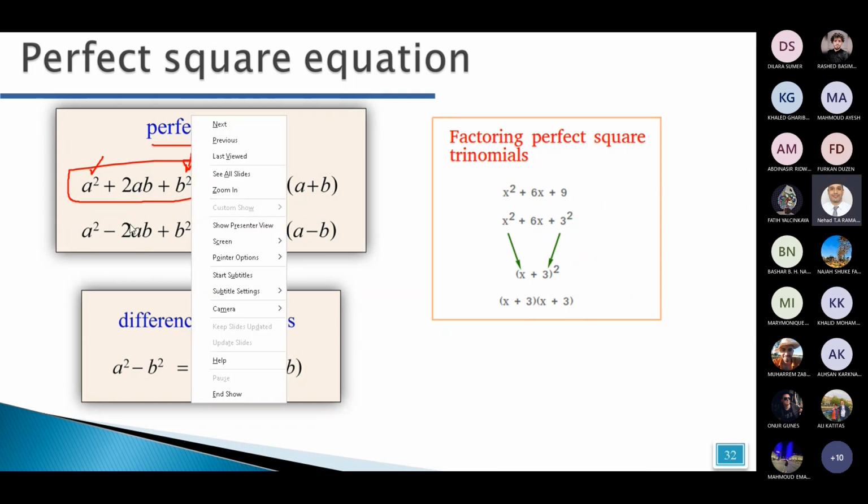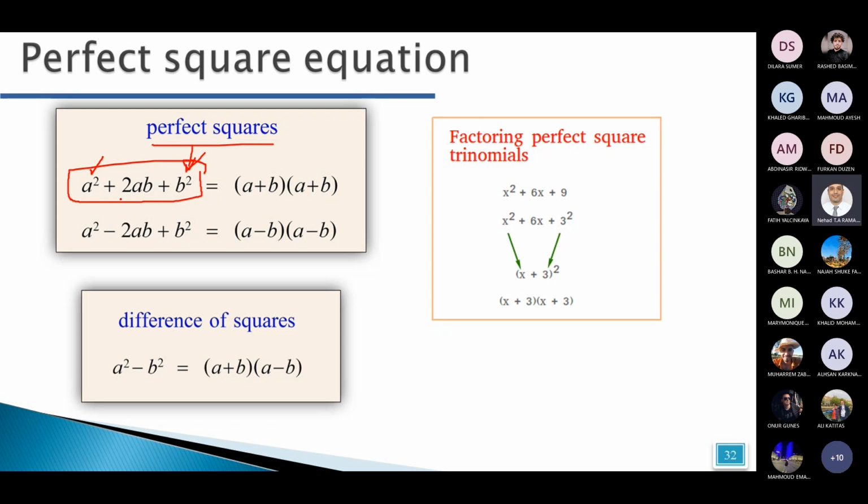So what about the middle term here? Actually, it's this term multiplied by this term multiplied by 2. When you see something like this, it's a perfect square, and its solution is like this. First square, which is a, plus second square, which is b, in this one.